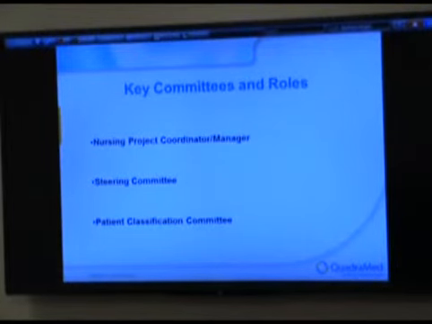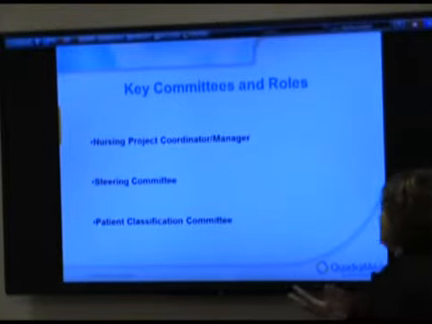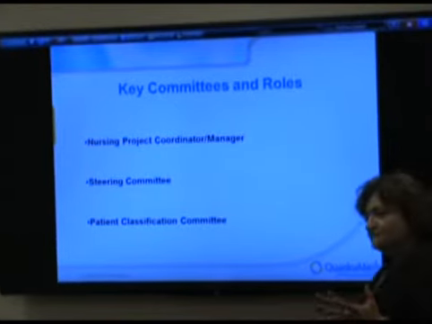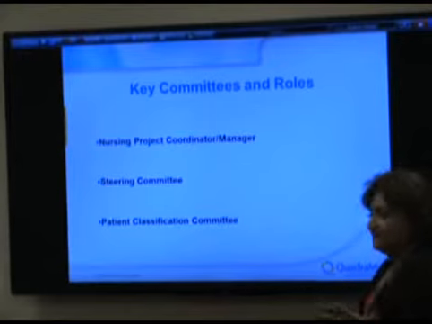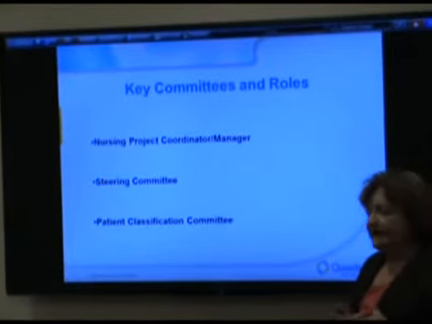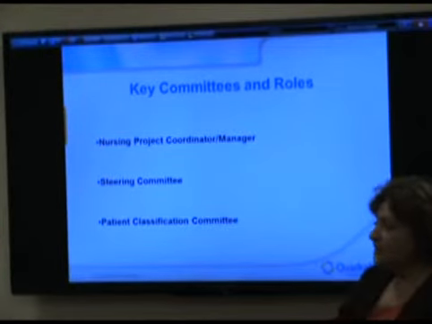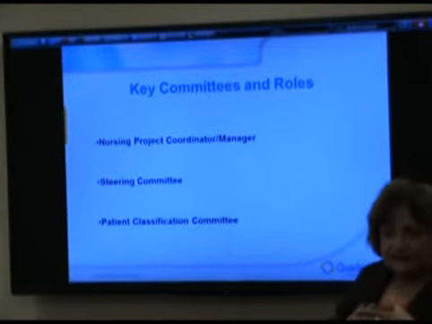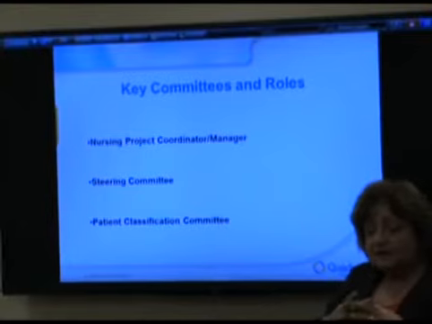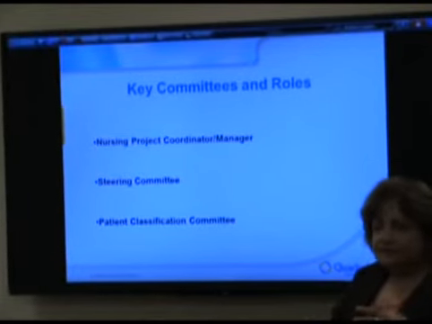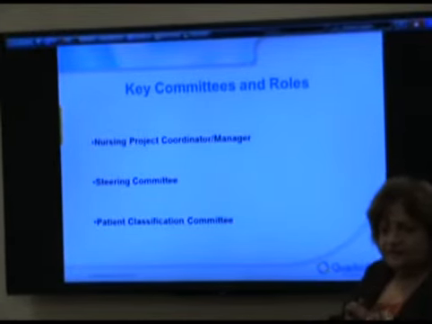So the committee roles, if you've heard people talk about this: the project coordinator is Barb, and the steering committee is really made up of administrative nursing manager people who have budget responsibility, because the steering committee is going to be making decisions about productivity goals and things like that.